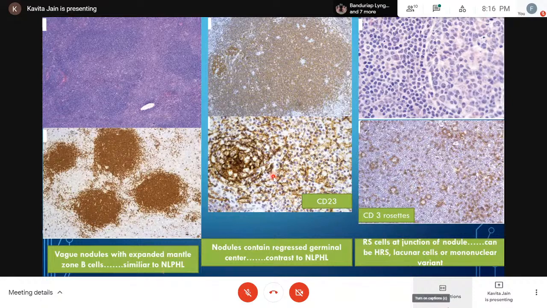However, we also see residual germinal centers with the help of CD23 stain, which is not a feature of NLPHL. And then we find these RS cells, which are CD30 positive. In NLPHL, if there is any confusion, the large cells would definitely be highlighted by CD20, and they'll be negative for CD30 most of the time.